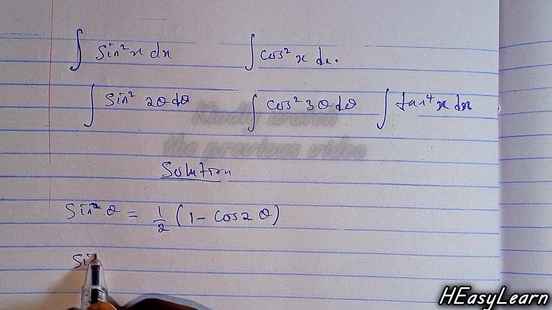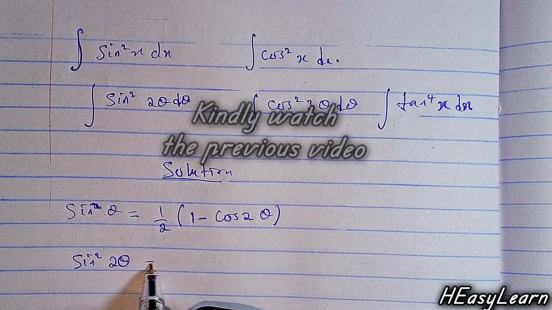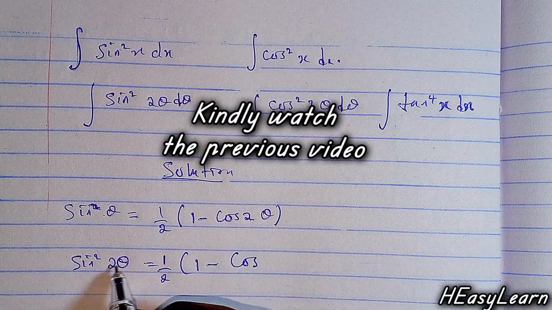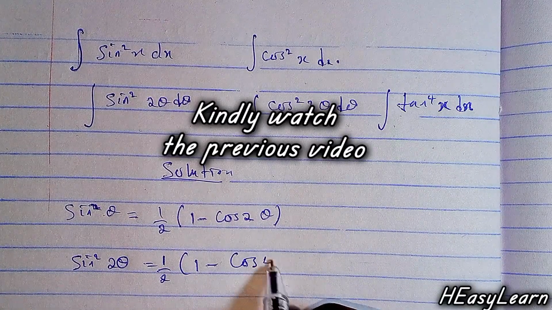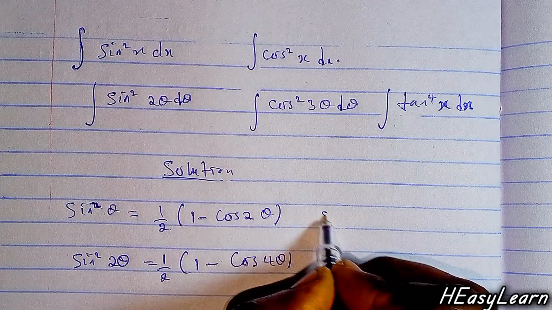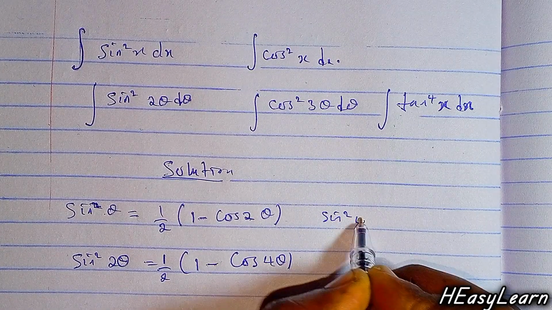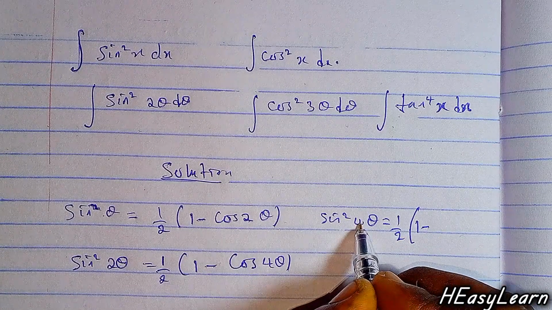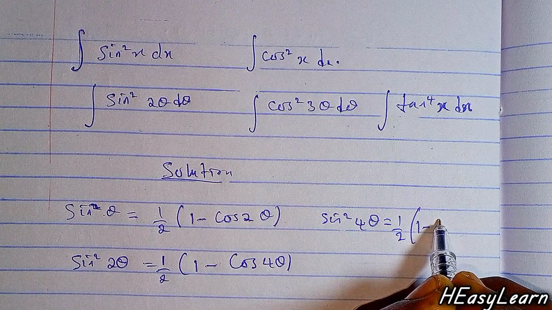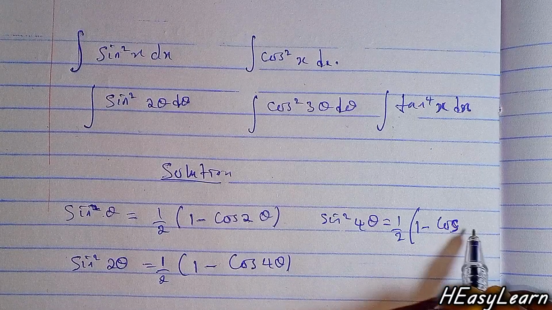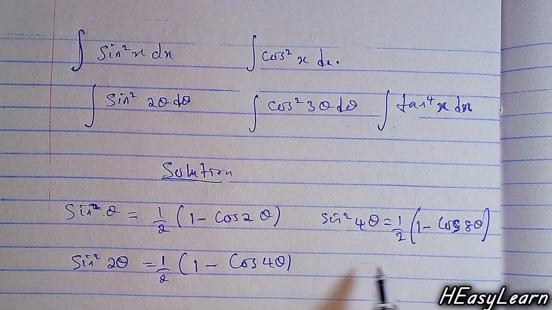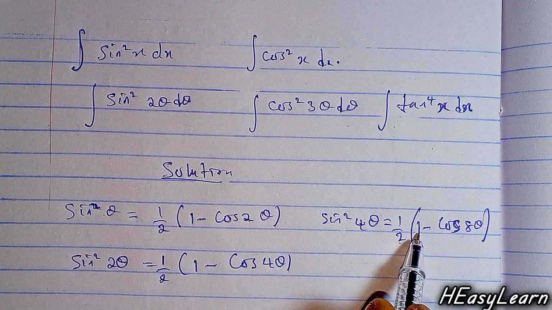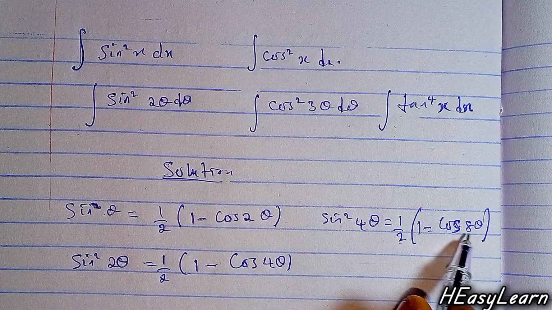So when here is 2, sine square 2 theta will be 1/2 (1 minus cos 4 theta), since 2 multiplied by 2 is 4. When here is 4, sine square 4 theta is 1/2 (1 minus cos 8 theta). So when here is 3, multiplied by 2, it will be 1/2 (1 minus cos 6 theta).